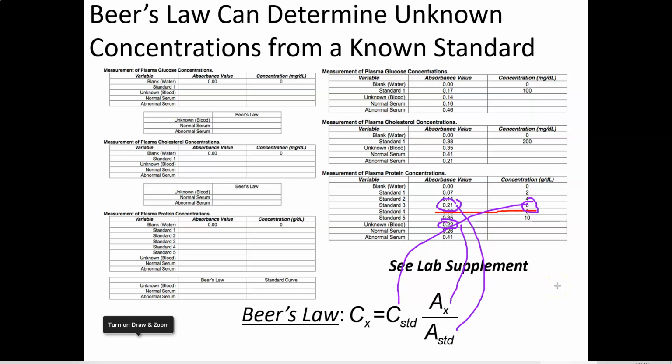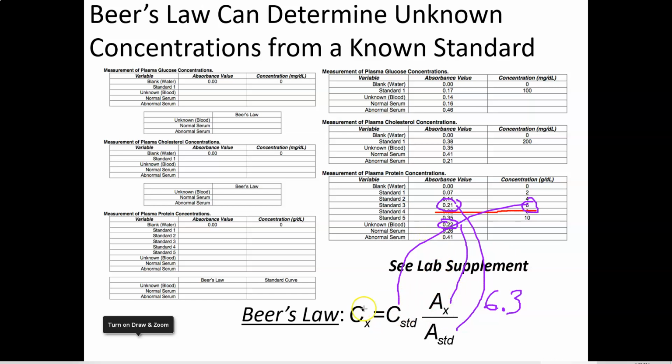So you would get 0.22 divided by 0.21 times the concentration of the standard, 6, and that's going to equal 6.3. So that would give us 6.3 grams per deciliter using those values.